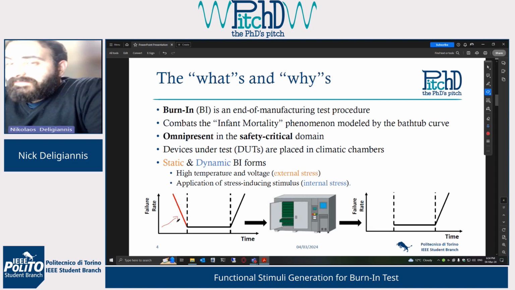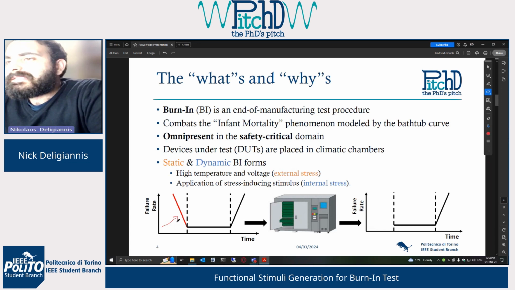To mention that in the safety critical domain, like for example, the automotive, the aviation space, the biomedical sector, and so on, the burn-in test is omnipresent. It is always performed. During burn-in, the devices under test, or DUTs as they are abbreviated, are placed inside specially created climatic chambers where they are stressed up to their specification limits by increasing the temperature and the voltage, that is the static form.